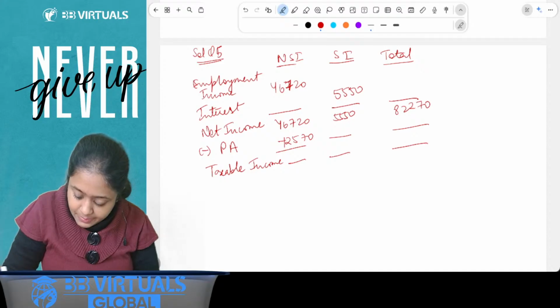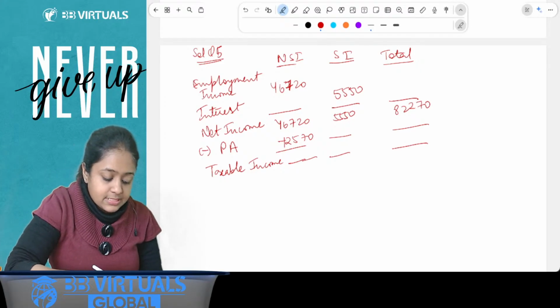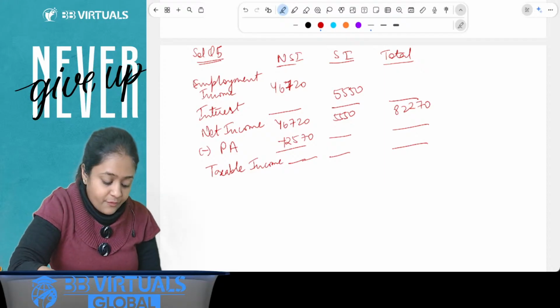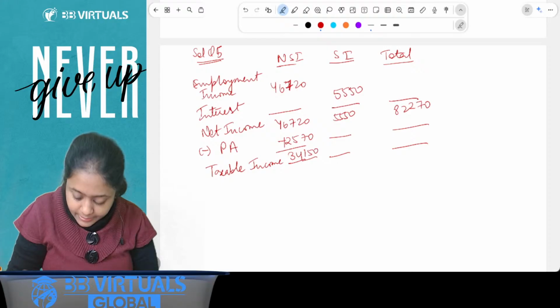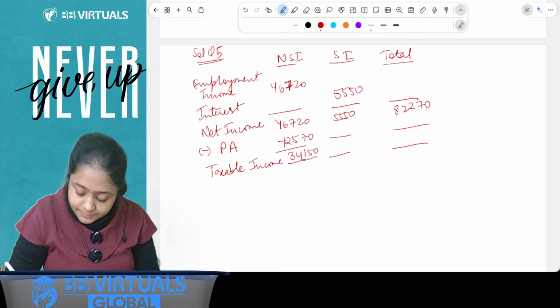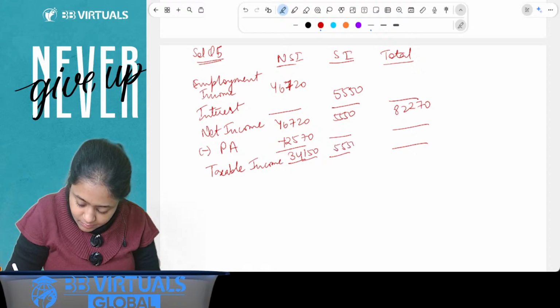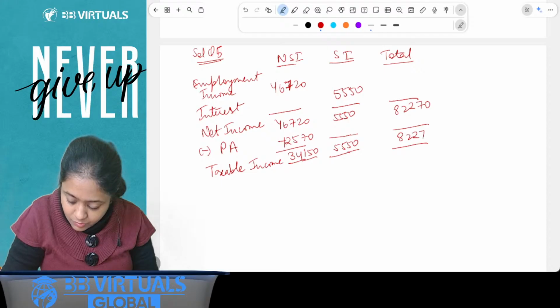So my taxable income will be 46,720 less 12,570, which is 34,150. And here it will be 5,550 and here it will be 8,270.